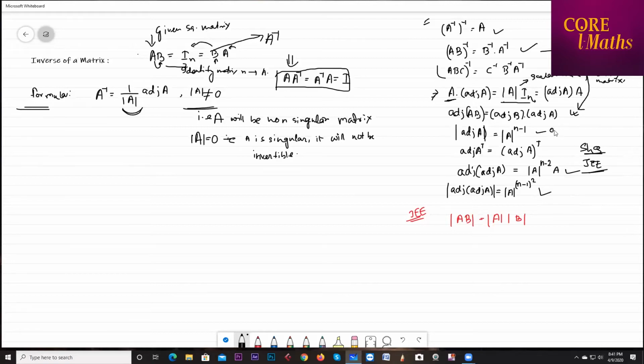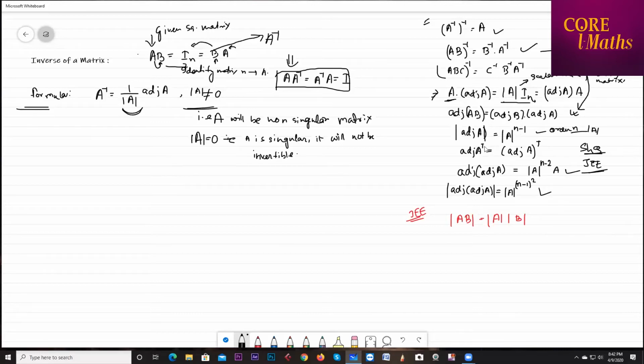Only the order N will be given and the determinant value. Then you can directly apply this property: determinant of adjoint of A is nothing but the determinant of the given matrix whole to the power of one less than the order.